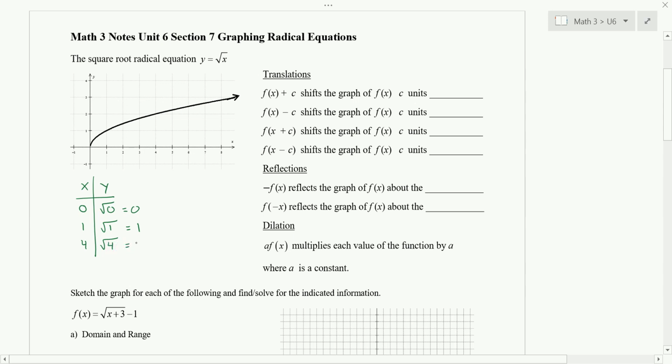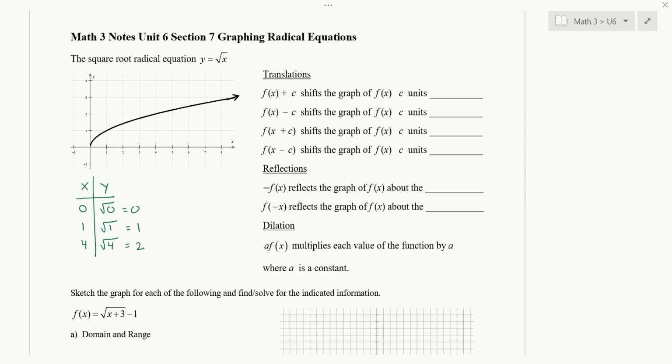Also, besides worrying about that, I'm also not going to plug in any negatives or numbers that would make me take the square root of a negative, because when you take the square root of a negative number, it's imaginary and you don't graph that, right? And so you're thinking a little bit more about your domain, right?